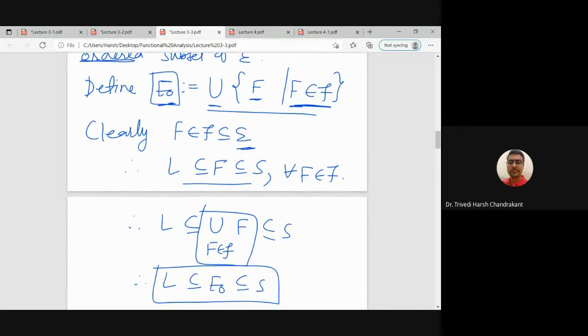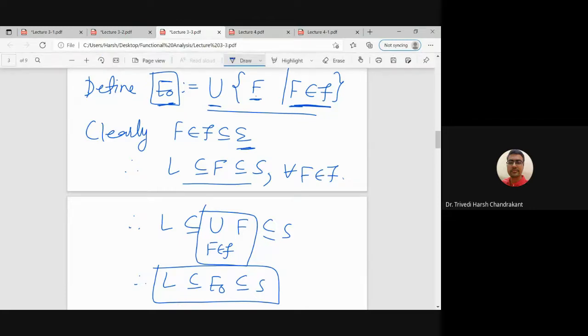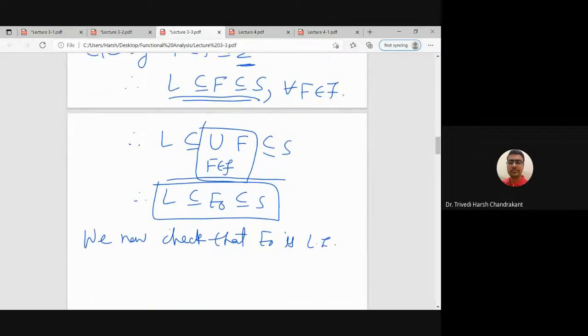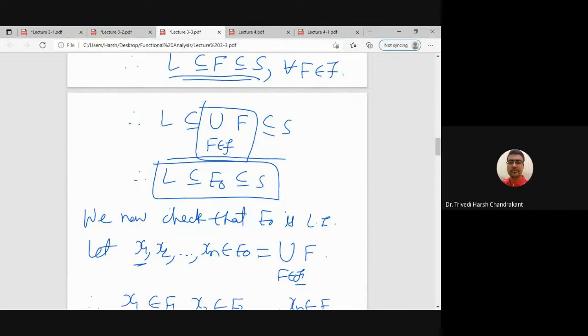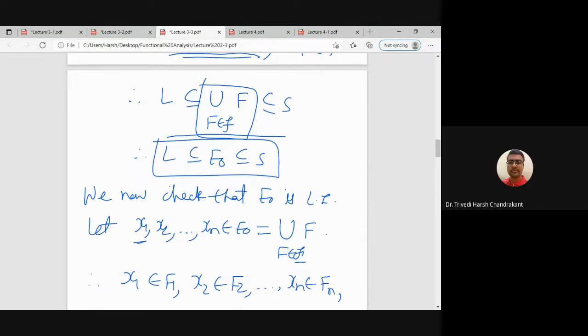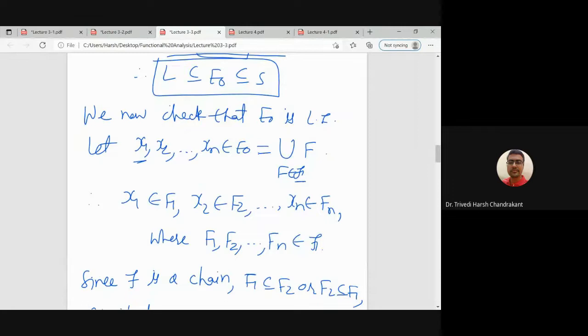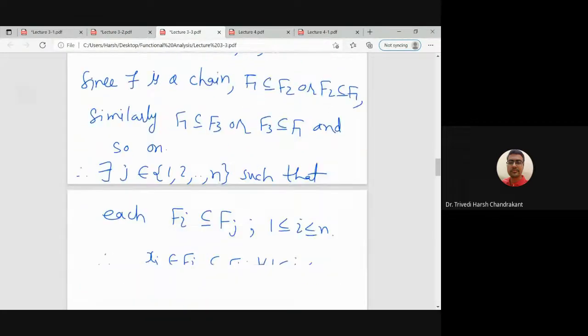We can see that if every set in F satisfies this property, then the union also satisfies this property, and therefore E0 is between L and S. Right? E0 contains L and E0 is a subset of S. So basically E0 is an upper bound of F. On the other hand, we observe that E0 is linearly independent, because of the chain condition.